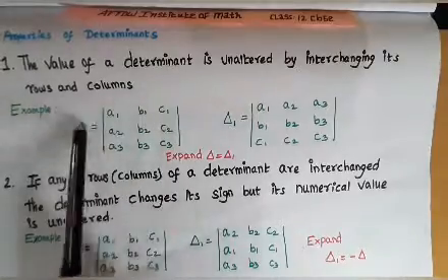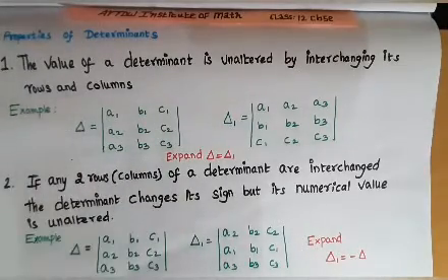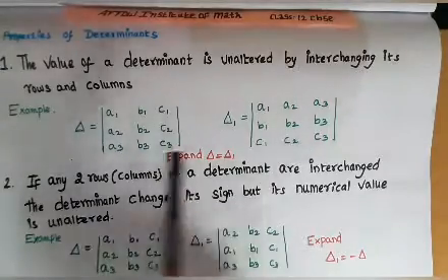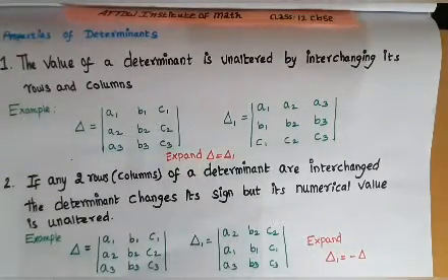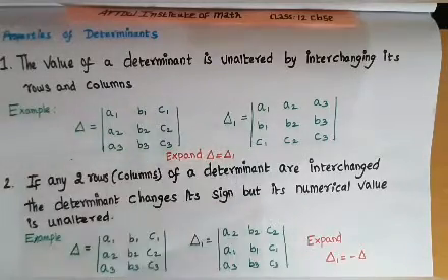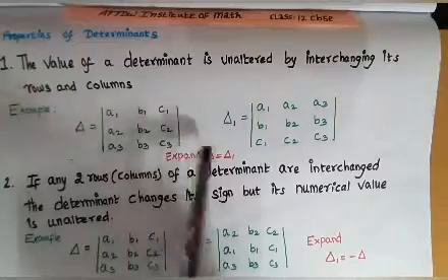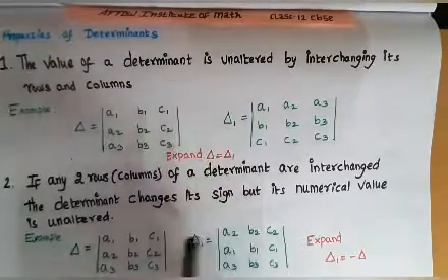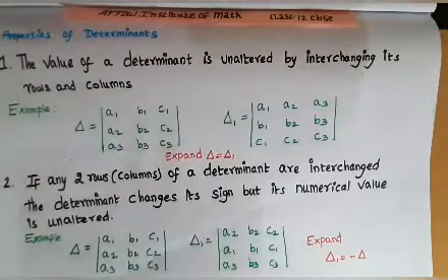If you expand this del, you will get some answer. If you expand this del 1, you will get some answer. Both answers will be equal. So del answer is equal to del 1 answer. That is the property. The value of a determinant won't change if you interchange rows as columns or columns as rows.